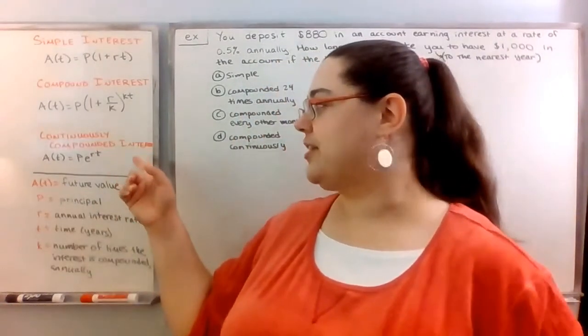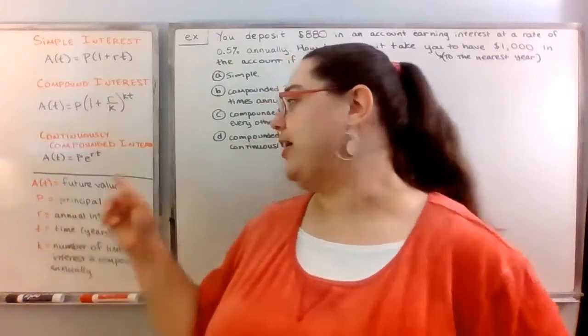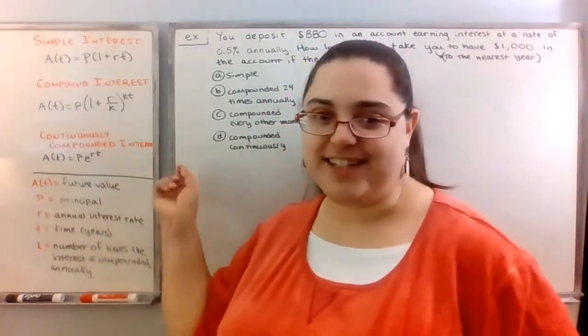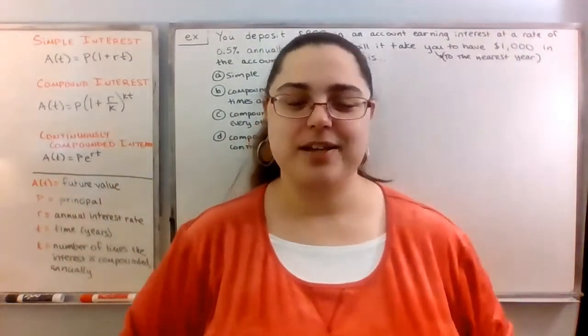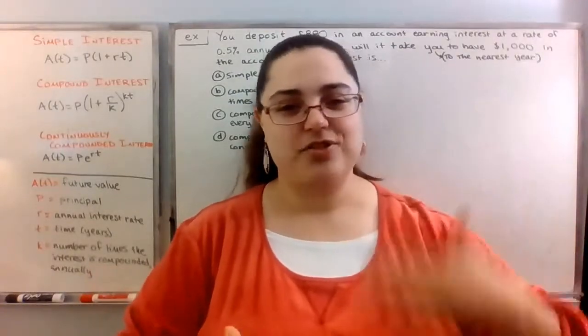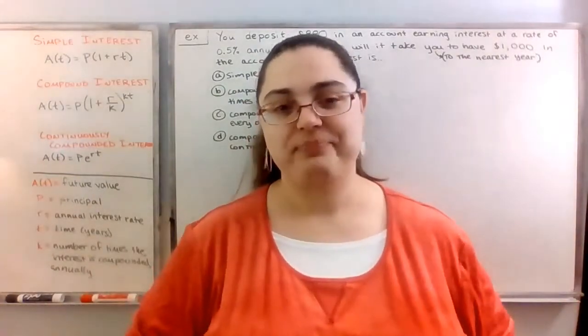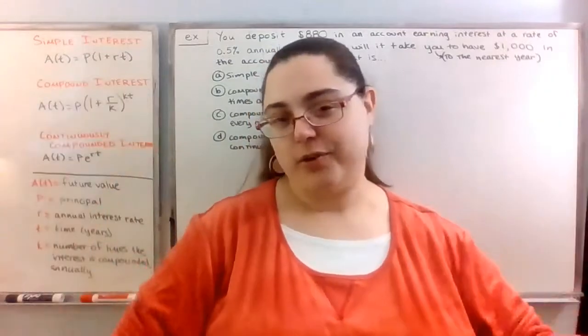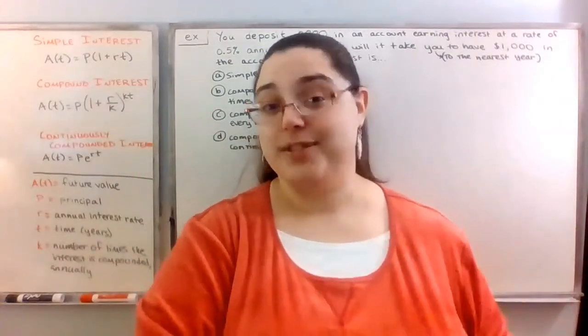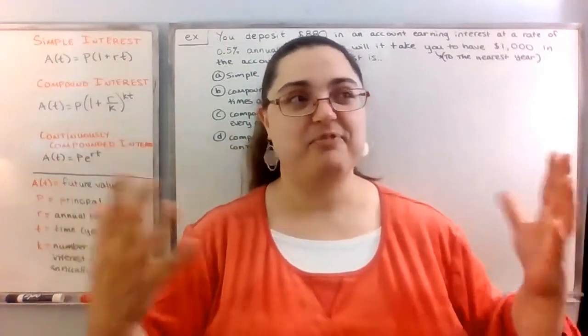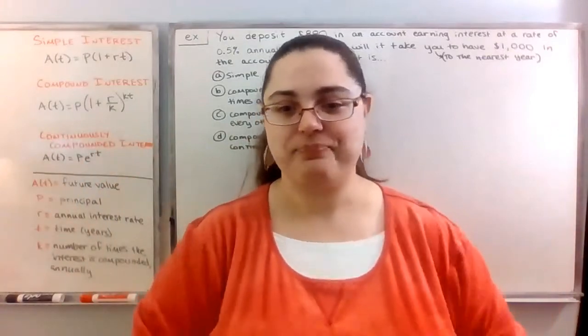So that's what continuously compounded interest is. I ran out of room, so it says interest very tiny at the end. Continuously compounded interest is if you're getting that interest added on continuously. Instead of every month or every week or every day, it's continuously, every fraction of a millisecond and then some.